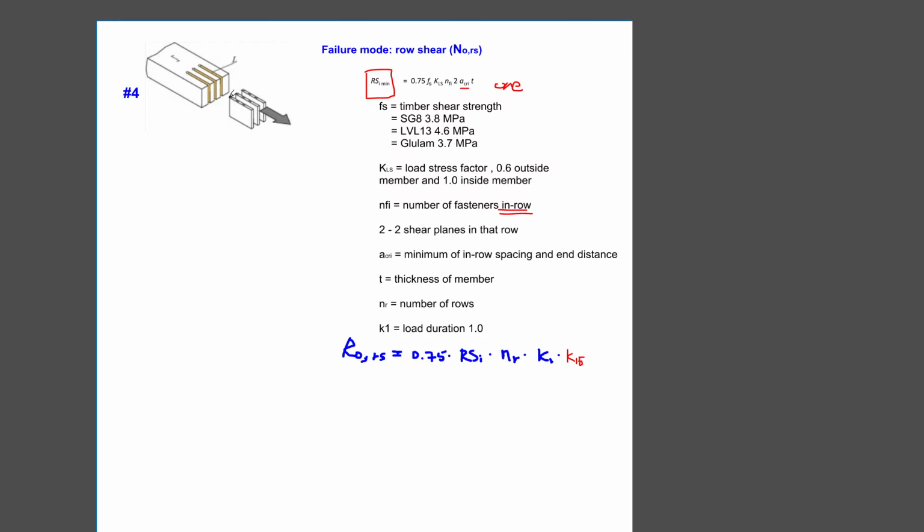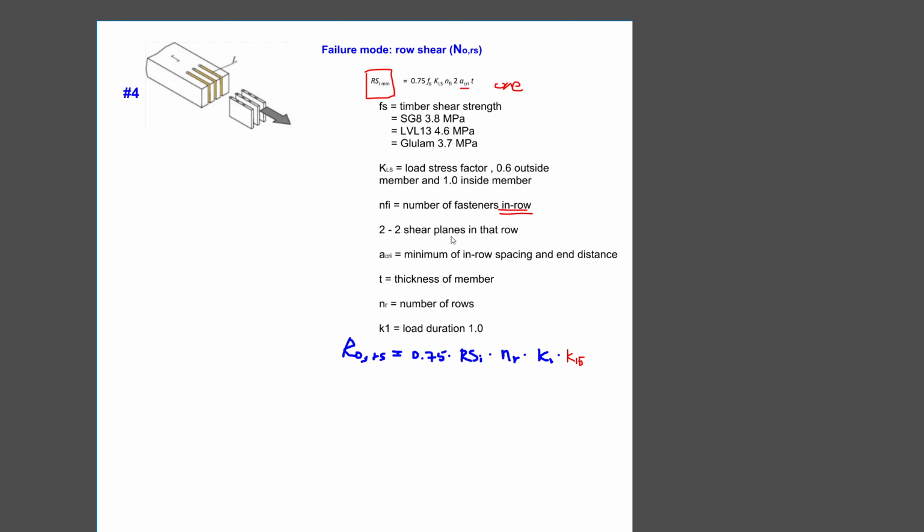If you have more dowels, that gives more row shear resistance, because more dowels means more embedment depth and more timber fiber in front of the dowels to stop the dowels pulling through. So that is a good point: you increase the row shear resistance by using more dowels in a row.